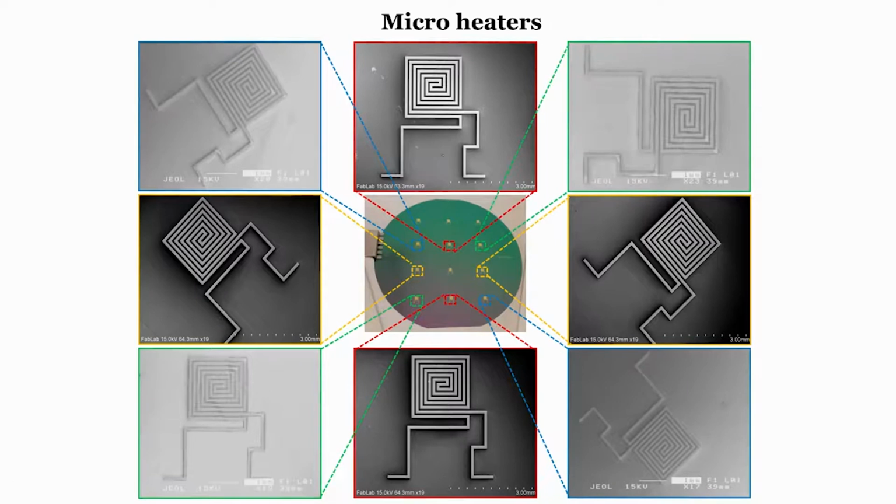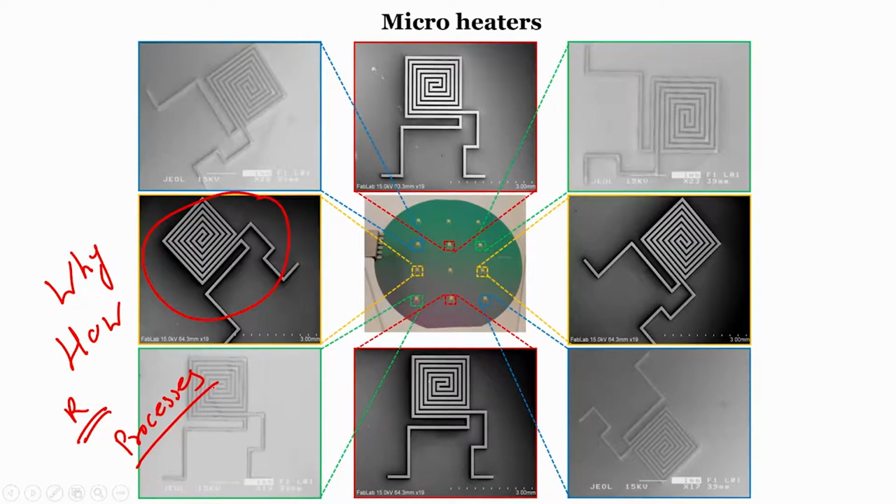But the first question is, why do we require a micro heater? Why? The second question is, how are we going to fabricate this micro heater, and how can we decide the resistance of the micro heater, right? And the third question is, what are the processes involved?